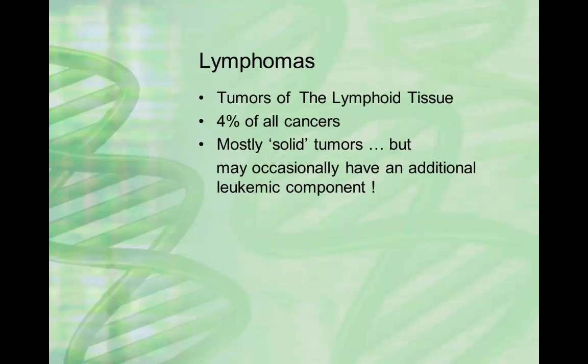Now let's talk about lymphomas. Lymphomas are basically a heterogeneous group of tumors arising in the reticuloendothelial and lymphatic system. You have major types of lymphoma, which are Hodgkin lymphoma, non-Hodgkin lymphoma, and Burkitt lymphoma. They're 4% of all cancers, and they're mostly solid tumors.